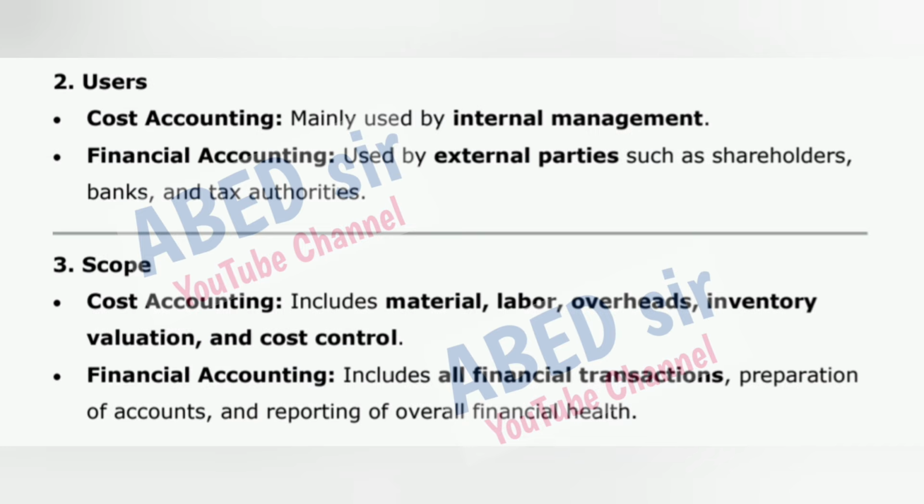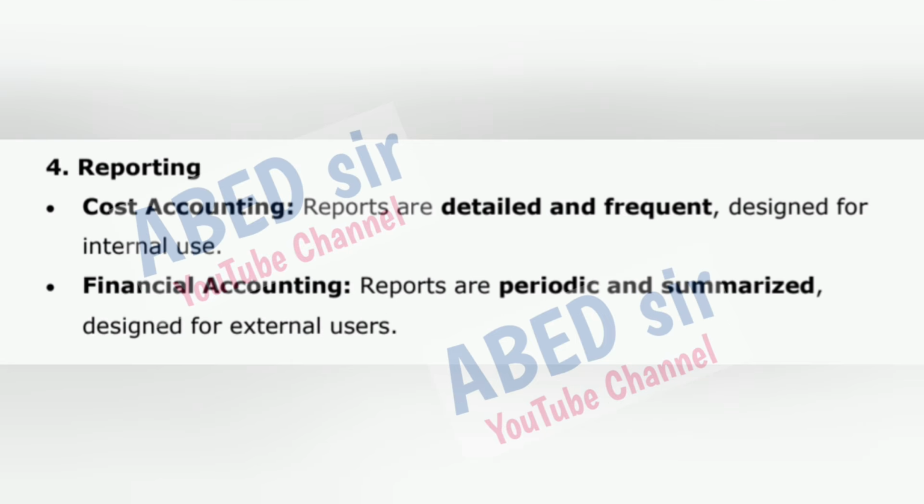3. Scope. Cost accounting includes material, labor, overheads, inventory valuation, and cost control. Financial accounting includes all financial transactions, preparation of accounts, and reporting of overall financial health. 4. Reporting. Cost accounting reports are detailed and frequent, designed for internal use.